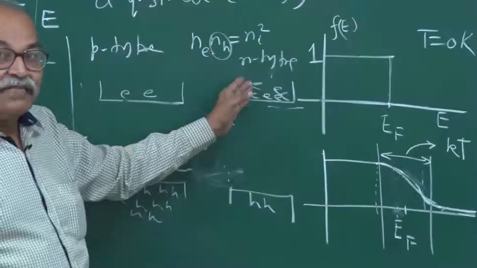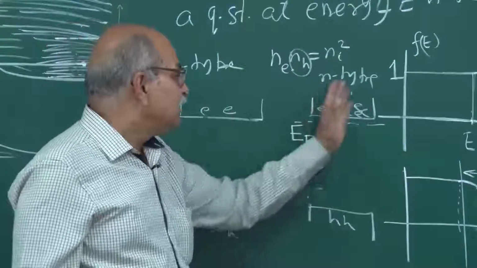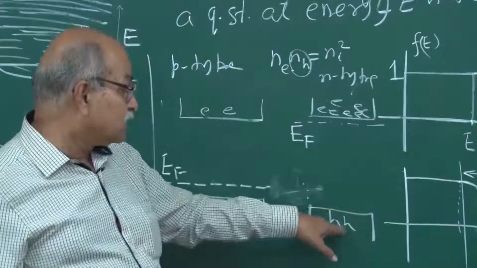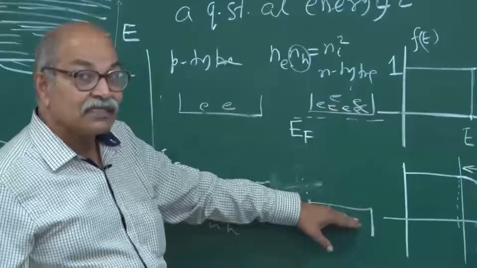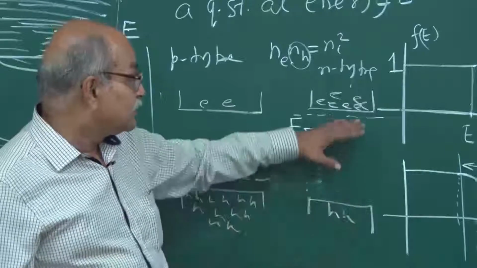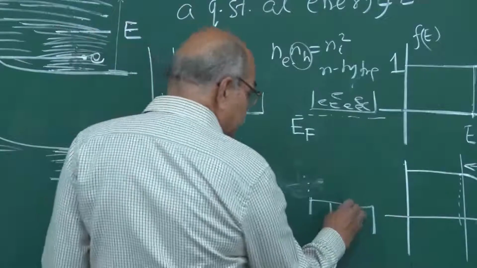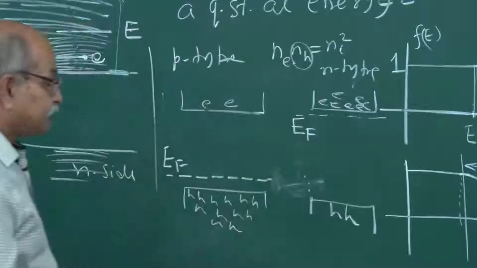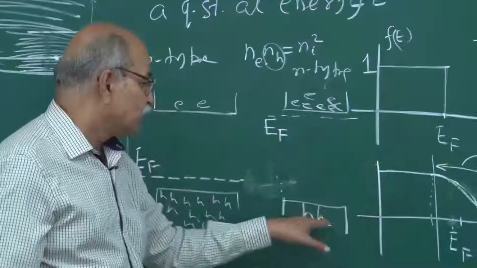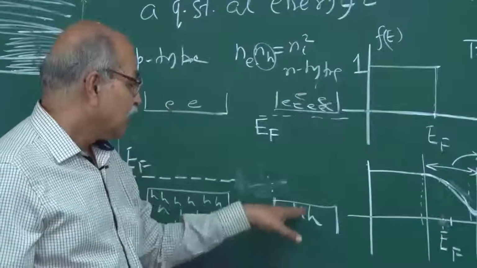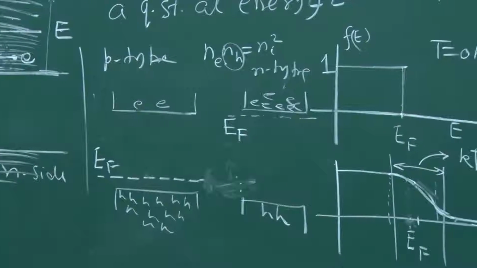The probability of occupation of these quantum states by electrons is quite sizable. So you have many electrons here, whereas these quantum states for holes are far away from this, and therefore it's very small, and you have only a small number of holes here. So 1 minus Fe is very small, and therefore a very small number of holes are there.